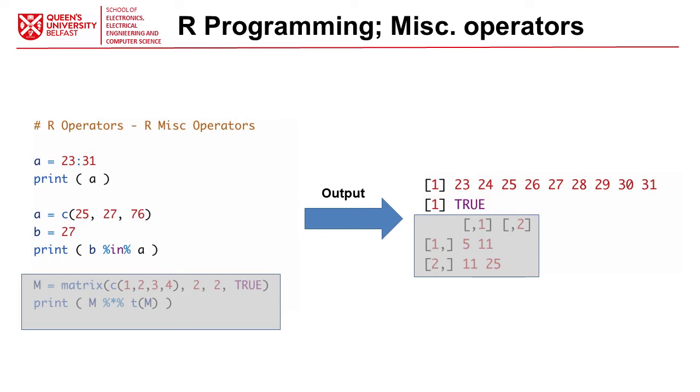And also a vector of 3 numbers, B plus a value, and then we print the logical evaluation of this expression, if B is in A. So 27, as you can see, is part of vector A, and the result is TRUE.